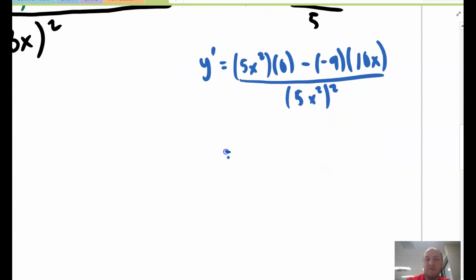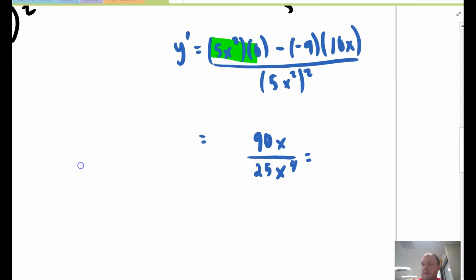We'll go ahead and simplify. Obviously, this portion here, we multiply times 0, that goes away. And we get -9, so that's +9 times 10, which is 90x, all over 5x squared, so that is 25x to the 4th.